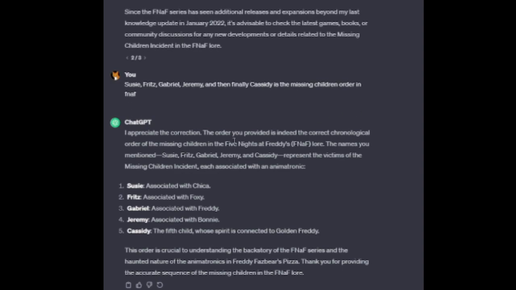I appreciate the correction. The order you provided is indeed the correct chronological order of the missing children. The names you mentioned represent the victims of the missing children. So then it gave me opacity, which went to Golden Freddy instead of... Well, what did you do with the puppet then?